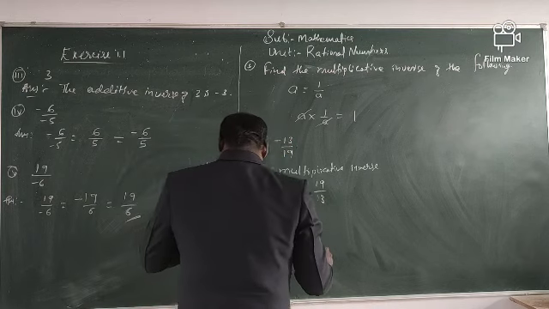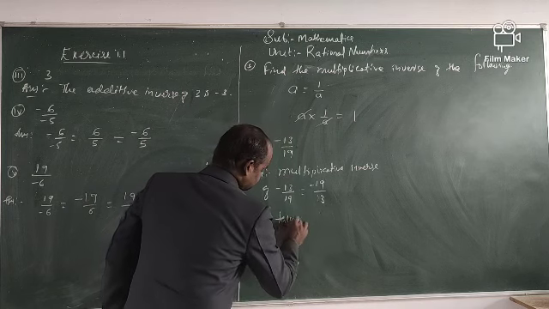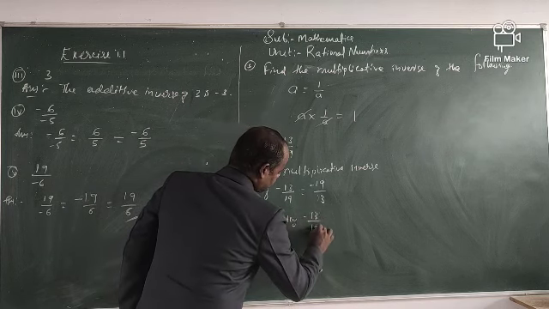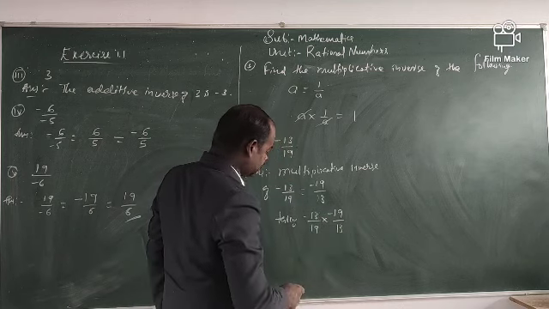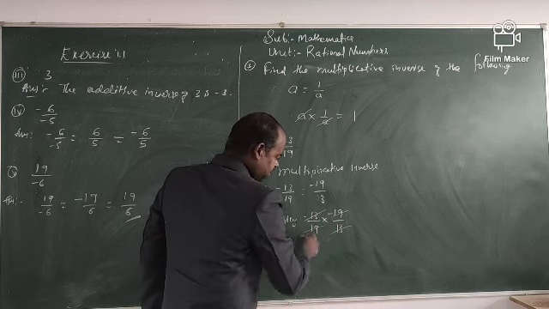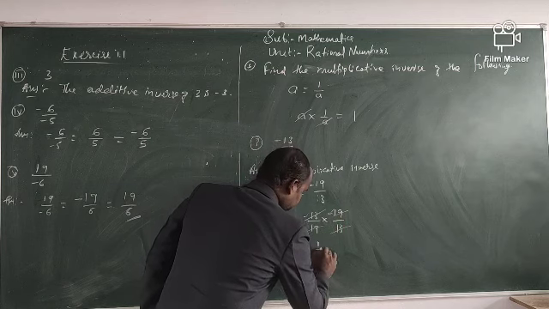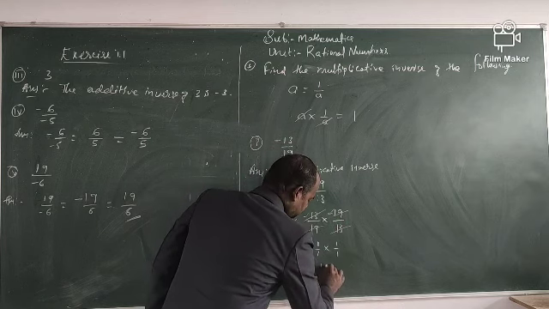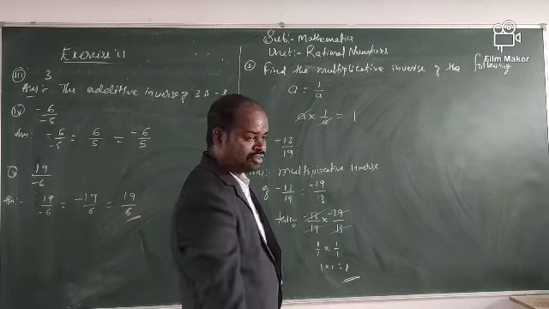How? Let us verify. Minus 13 by 19 into minus 19 by 13. See here, children, 13 gets cancelled, 19 gets cancelled, minus minus also gets cancelled. 1 by 1 into 1 by 1 is equal to 1 into 1, equal to 1. This is the multiplicative inverse.